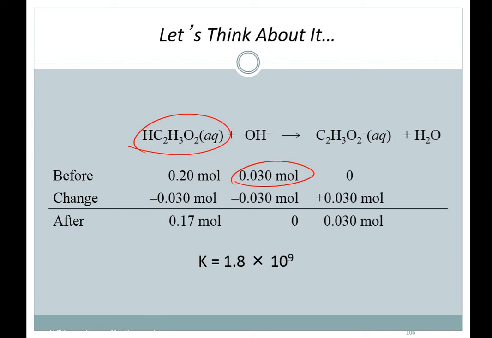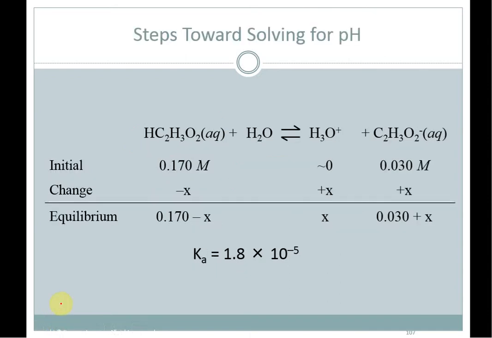Now because of that, we can then go into plugging it into our original K equation for just the weak acid, which is here. By setting up our ICE chart and knowing that we can discount our X because of the value of this K, we can solve to find our H+ concentration, or our X value.